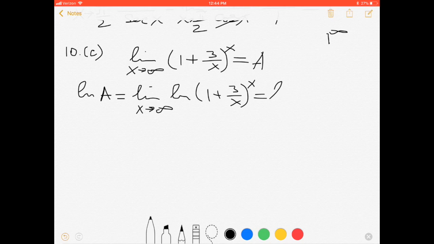Use the logarithmic identity, and remember we need to rewrite the function inside the limit as a fraction. We have the natural logarithm of 1 plus 3 over x, divided by 1 over x.